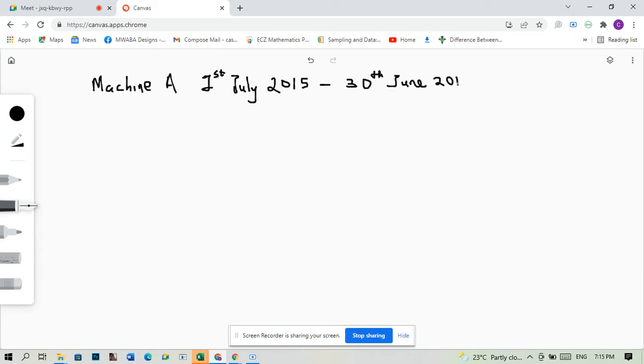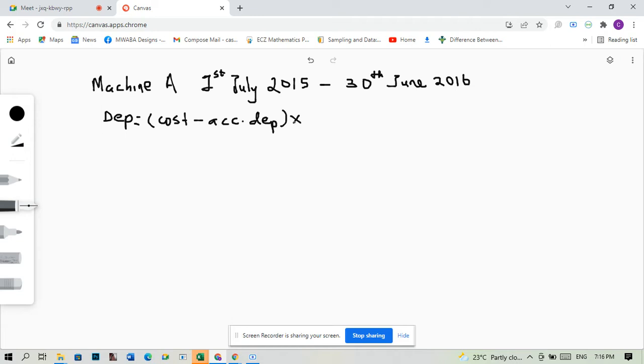We're going to use the reducing balance method. For the reducing balance method, depreciation equals the cost minus accumulated depreciation, times the percentage.